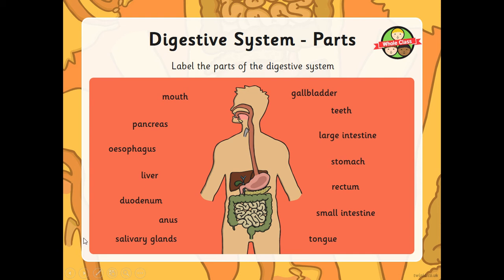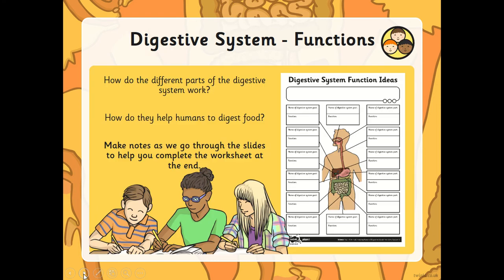Okay, so let's have a look. So yesterday we looked at matching all these up in the live Zoom lesson. So let's have a look at what those actual parts do. Let's find out a bit more about them. So at the end of the lesson, I'm going to put a sheet like this up. Okay, this will be in the class portfolio page. So you identify the part and what its function is, what it does.